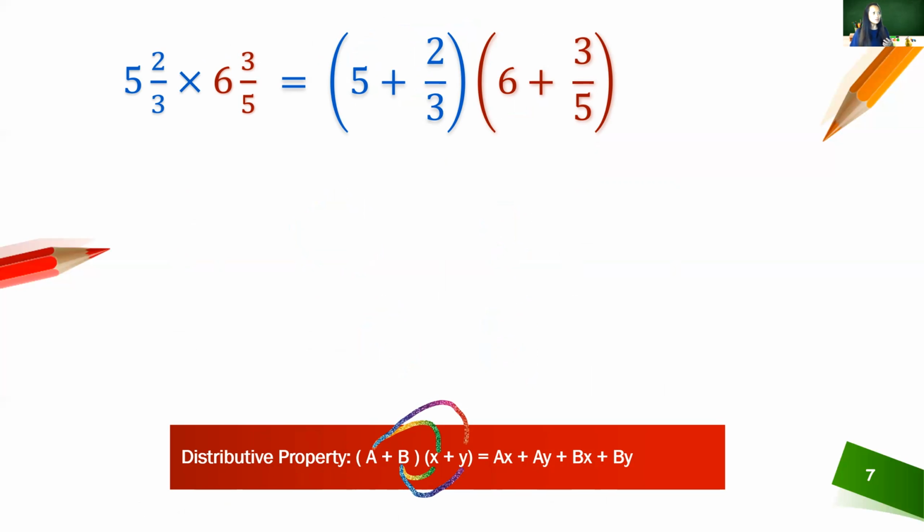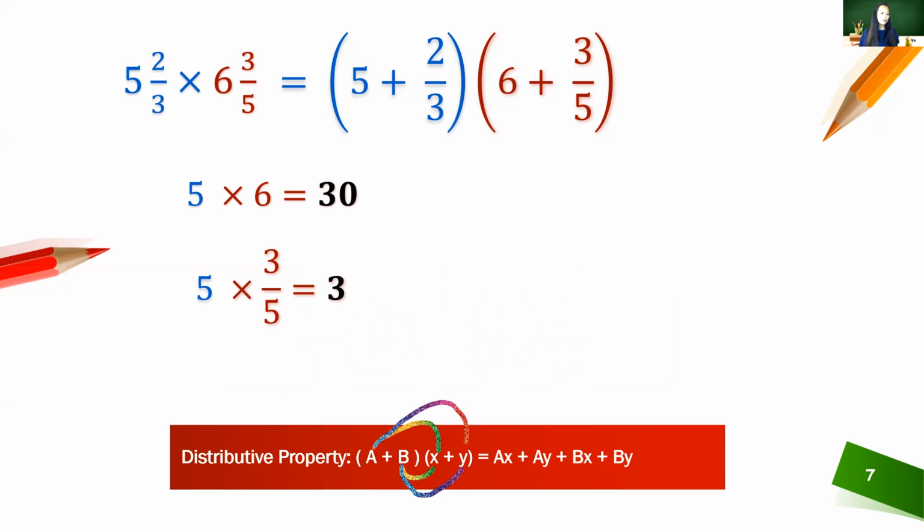Then according to the distributive property, you would take 5 multiplied by 6, that would be 30. Then you take 5 multiplied by 3/5, and you will get 15/5, which becomes 3. You've seen that before in the area model. It's just not in a rectangle now.